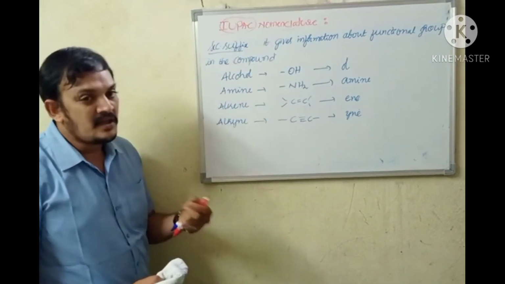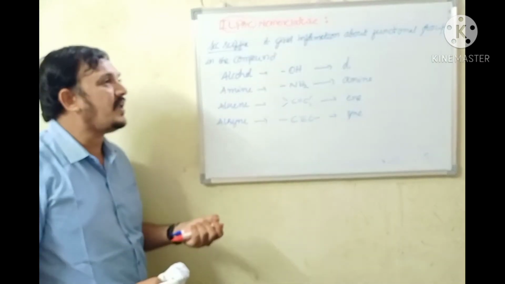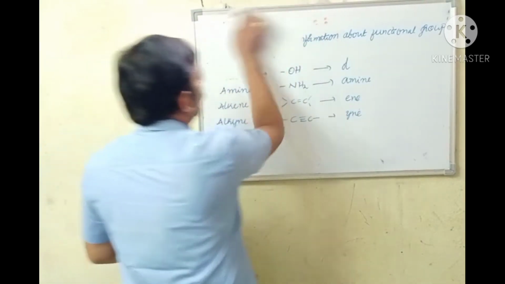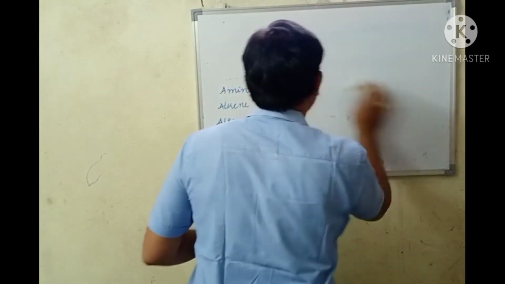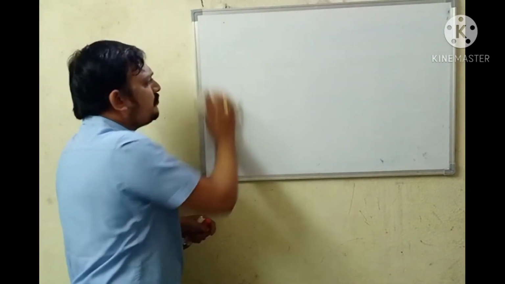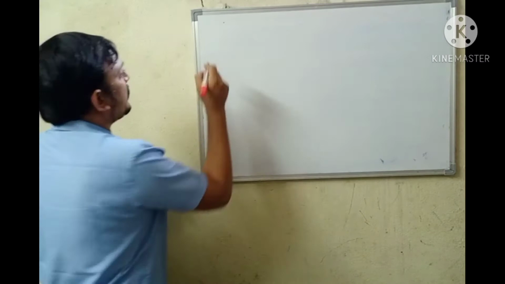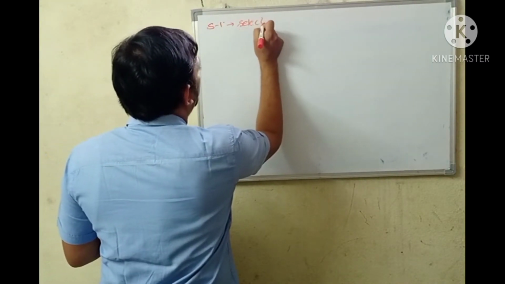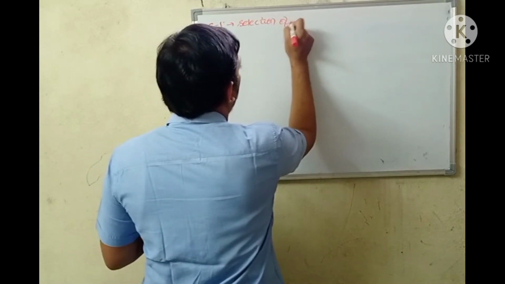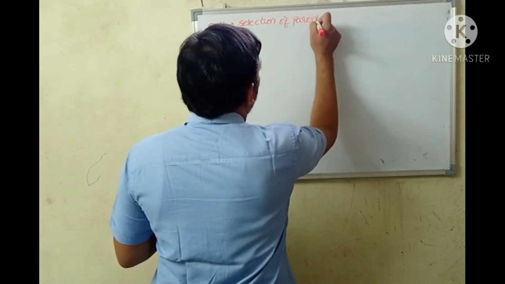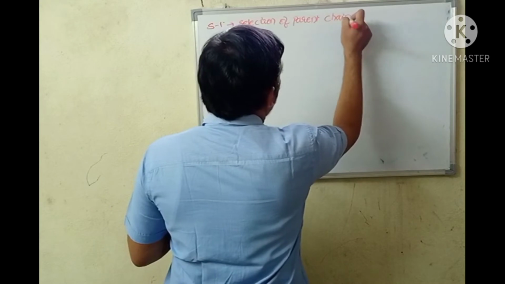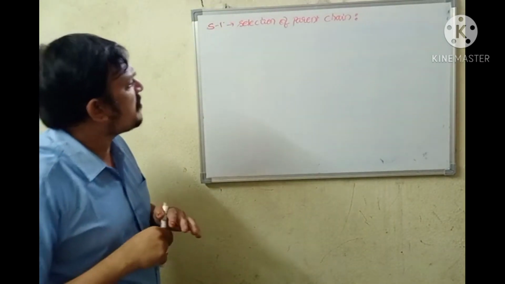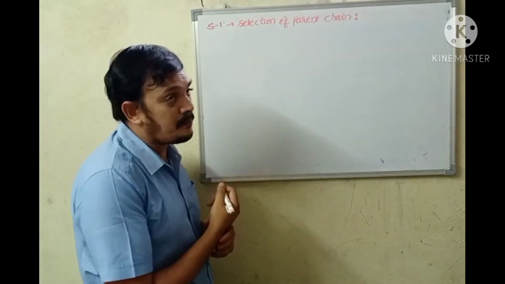Now let's discuss the scheme of naming a compound as per IUPAC guidelines. So the first step in IUPAC naming of a compound is selection of parent chain. Selection of parent chain, that is the most important step in the naming of a compound.